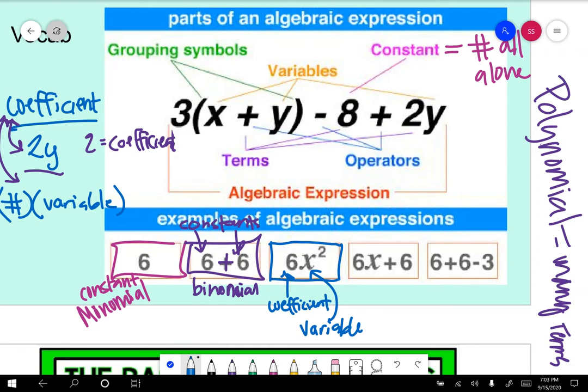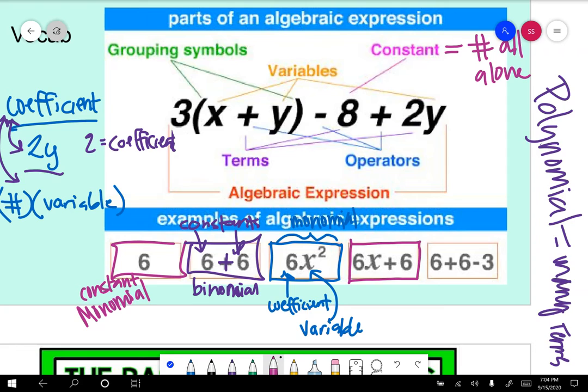Okay, the whole thing is an expression, yes, but we would call it a monomial. It's a monomial expression because there's only one term, right? There's nothing separating it by addition or subtraction. Okay, next one.